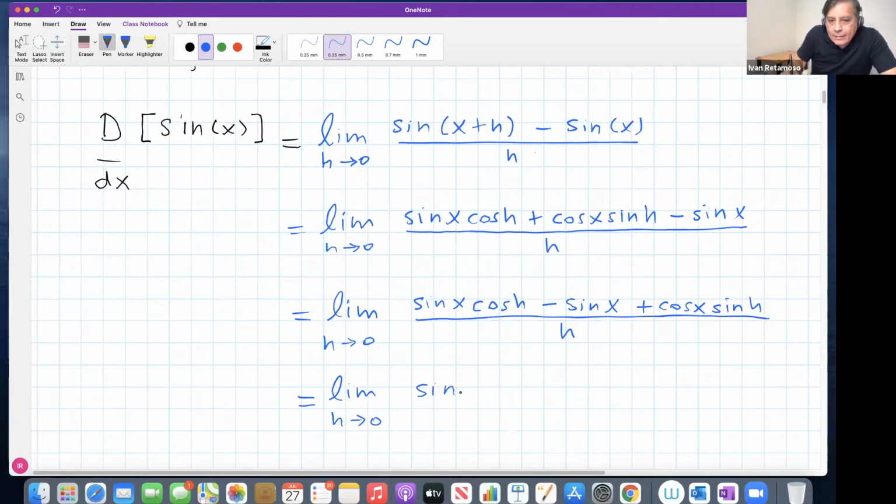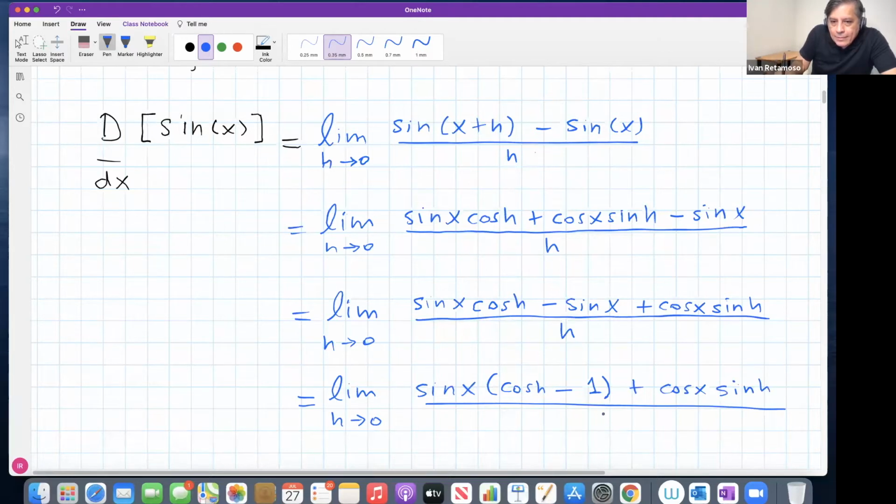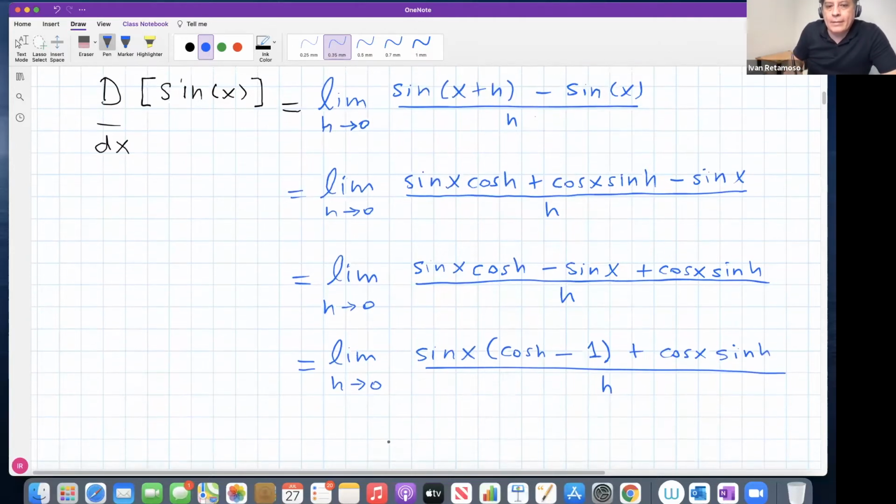Sine of x into sine of x cosine of h is just cosine of h, minus sine of x into sine of x, 1, plus cosine of x multiplied by sine of h, all divided by h. Great.